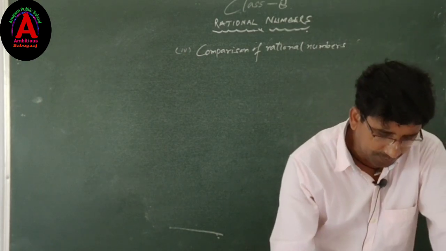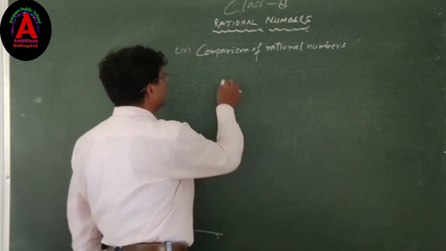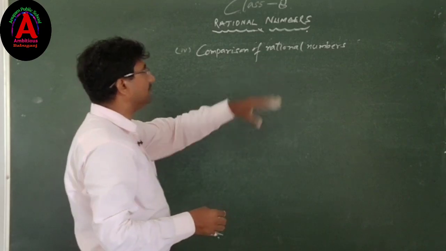There are 4 steps to comparing rational numbers.